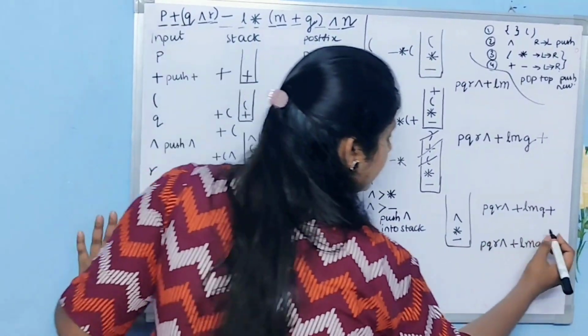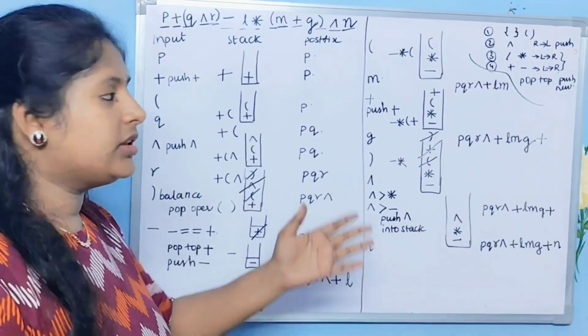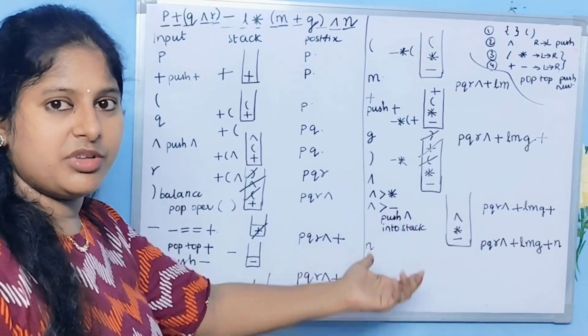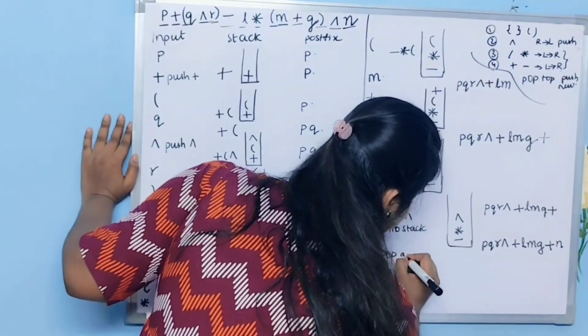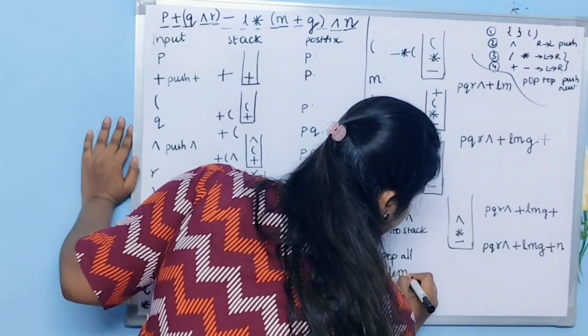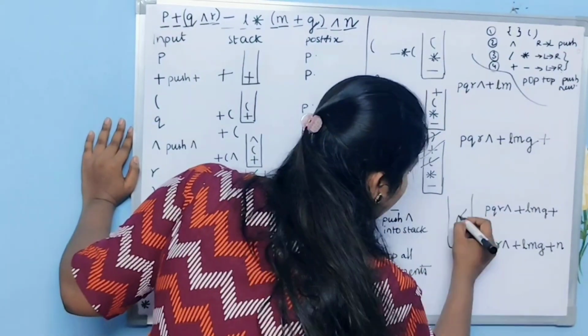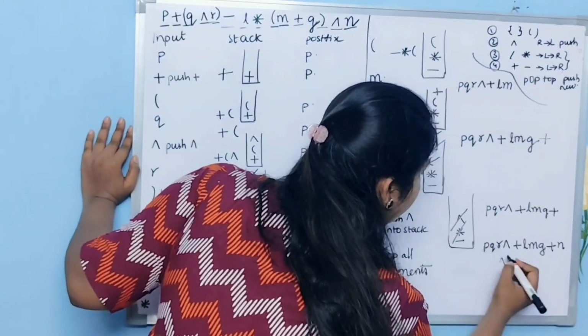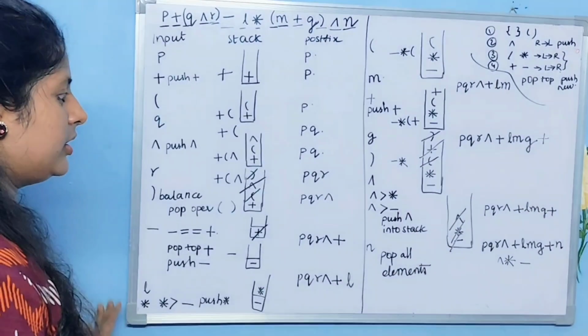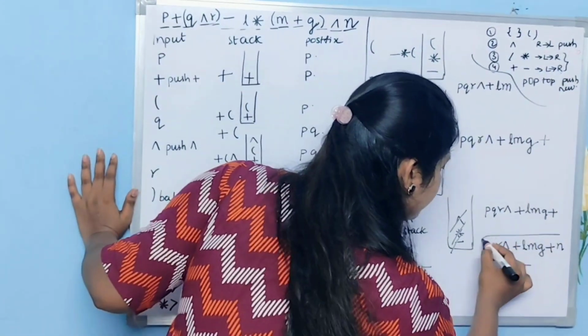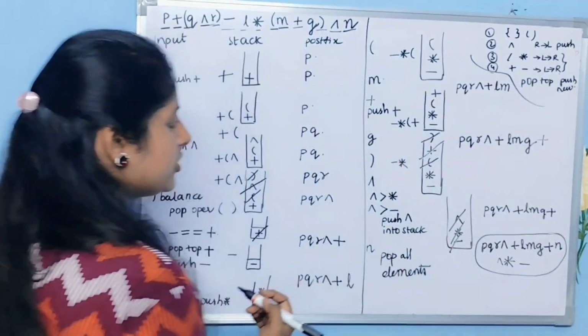Okay, directly add this. Now there is no other operator or operand to be evaluated. So now you can directly pop the elements. So pop, pop, pop. Right? So this is the final postfix expression.